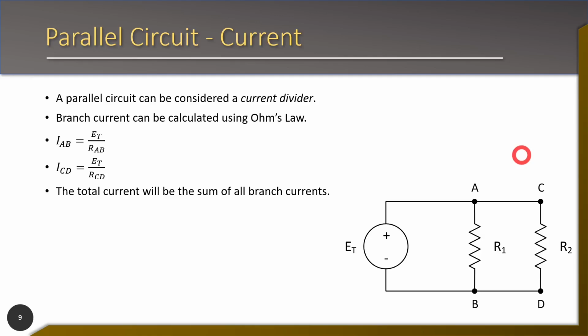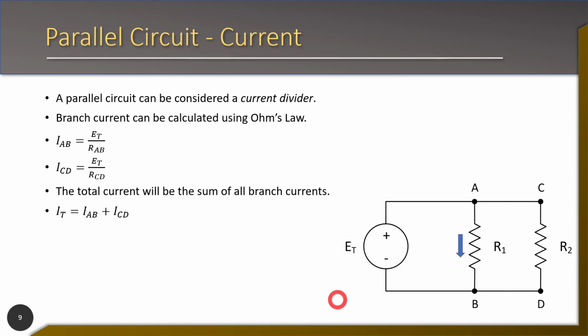And the total current that comes out of this power supply is the sum of those two, because the total current is divided amongst those two. A parallel circuit is a current divider, and so it's going to divide that current among those two branches. Okay, so I total is going to be the branch current in branch AB plus the branch current in branch CD.